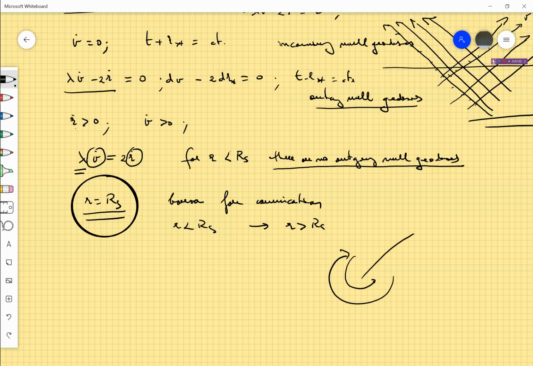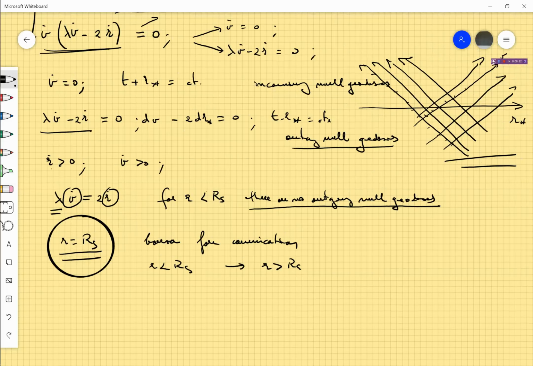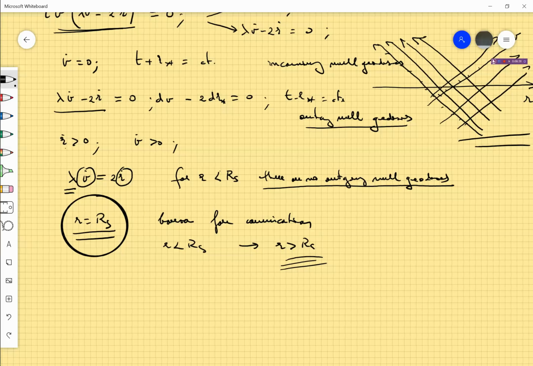The only way to know if this barrier is really there is to find the complete space-time, the maximal analytical extension. We have found an analytical extension from r larger than rs to r smaller than rs. So we have extended the space-time that originally we had, where we could only consider this part. But we want to find the maximal possible extension that you can find.